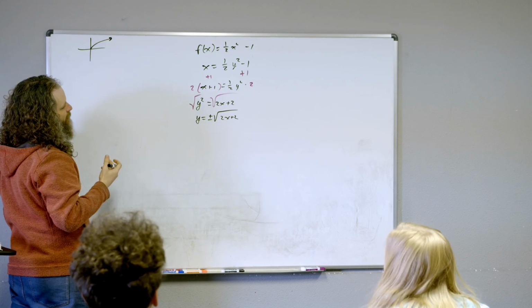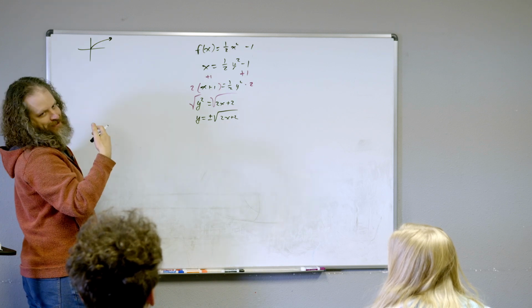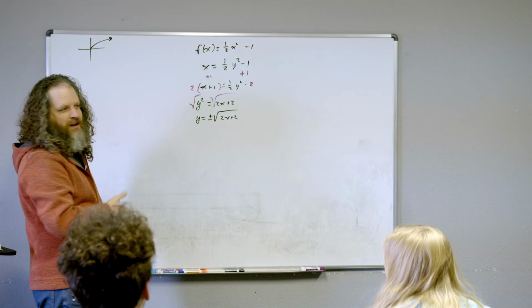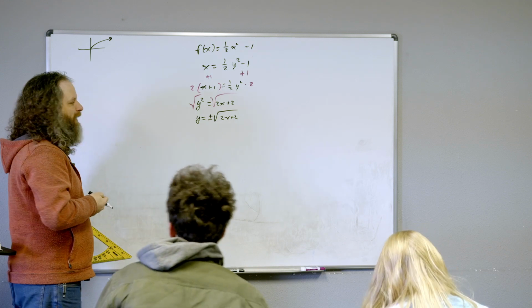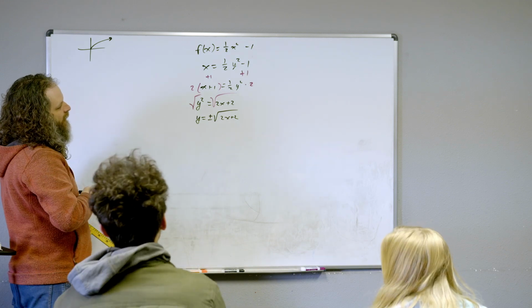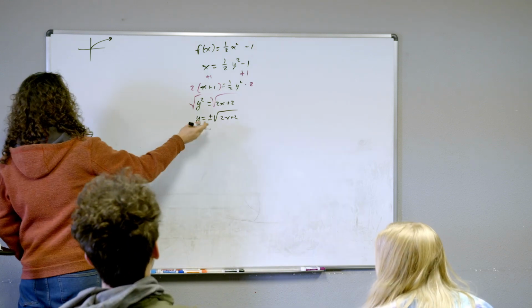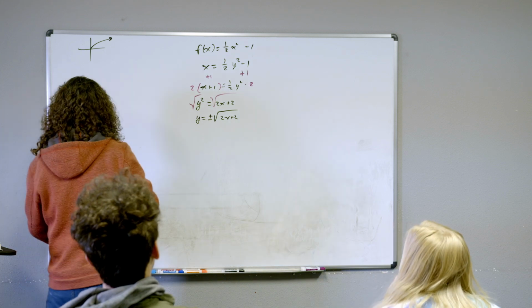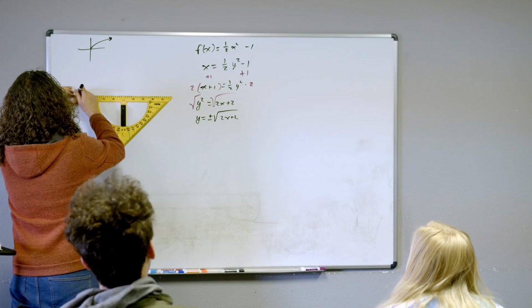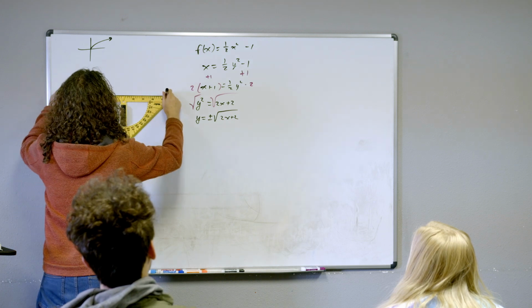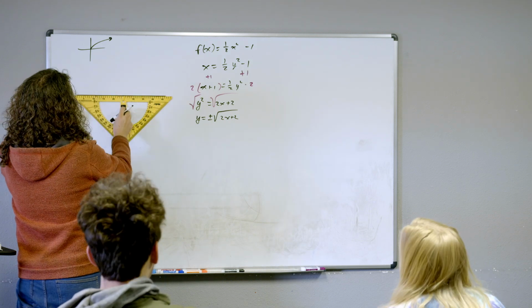This is half of a sideways parabola on the top and the bottom, so it makes a whole parabola. It's not a function because it fails the vertical line test, but you know, that's fine. Okay, how does this graph change the parent function?